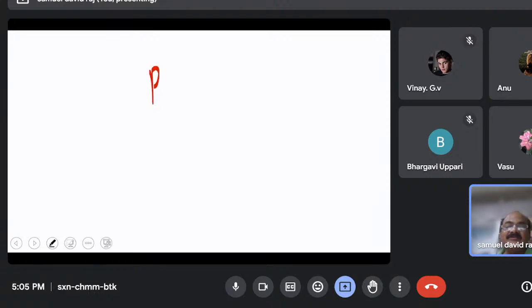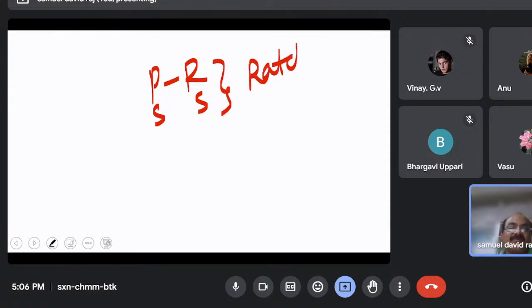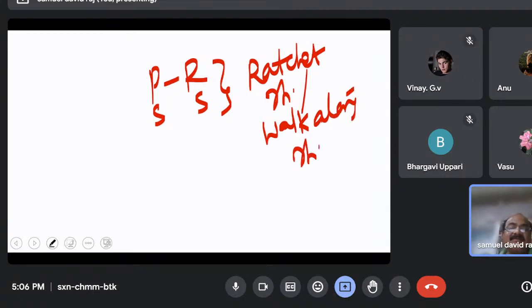The continuous alternate power stroke and recovery stroke are explained by two theories, the ratchet theory or walk along theory, both of which suggest that the actin filaments are walking on the myosin filaments into the Hensen's disc.